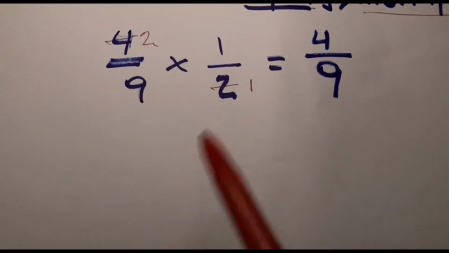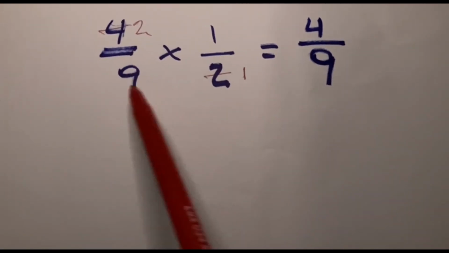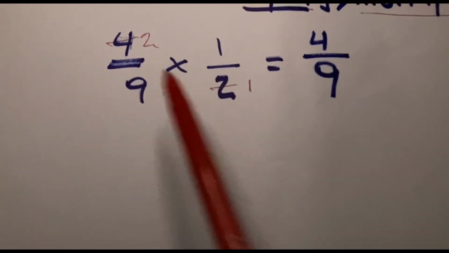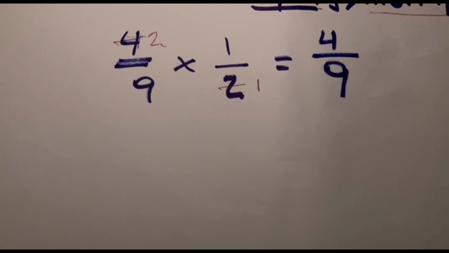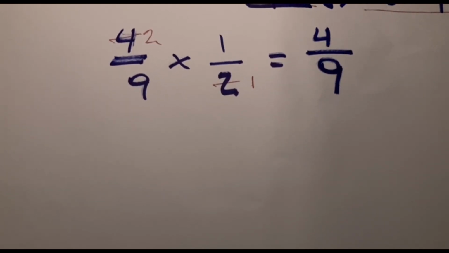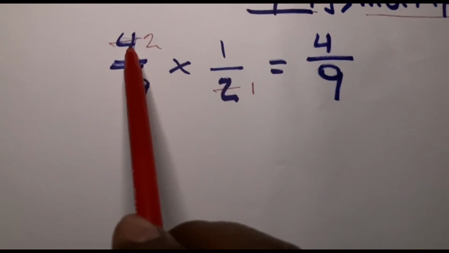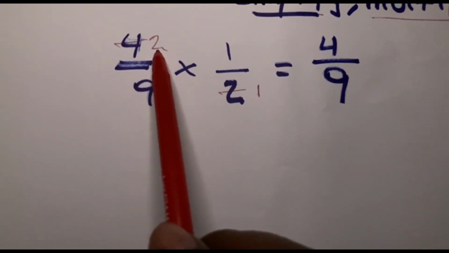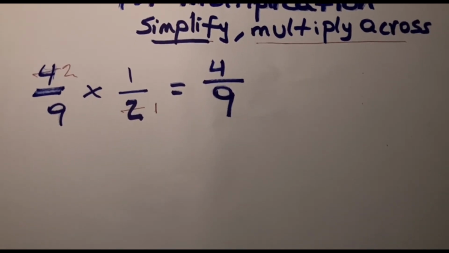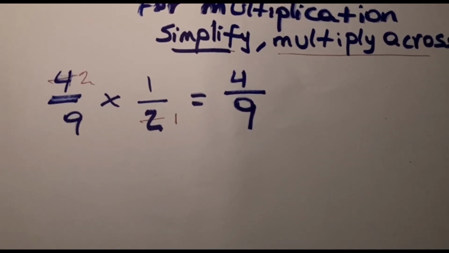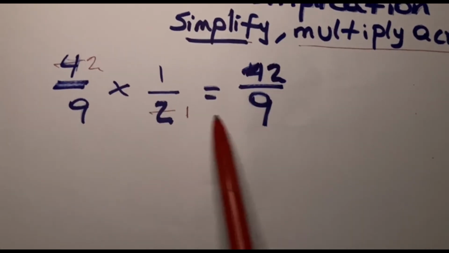The simplification can be numerator to denominator or across to the other fraction. 4 and 2 have a common factor, which is 2, so we can divide both of them by 2. 2 divided by 2 is 1. 4 divided by 2 is 2. Now we did our simplification. The next step is multiplication across. 2 times 1 is 2, and 9 times 1 is 9.